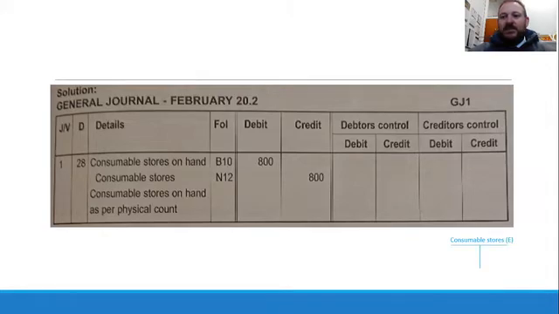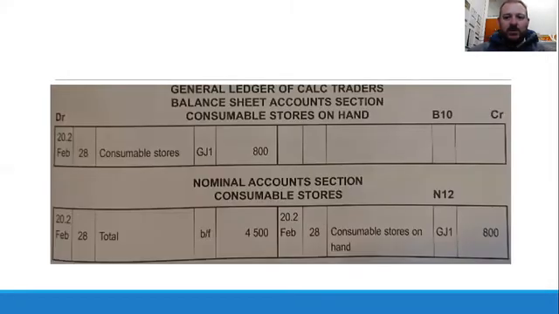If we look at that effect in the T accounts again, we're taking 800 Rand out of consumable stores. That's why we're crediting consumable stores. And then the new asset, consumable stores on hand, will be debited by that amount of 800 Rand. So if we now look at how we record this in the general ledger, the consumable stores expense account had a balance of 4,500 Rand that was given to us in our pre-adjustment trial balance.